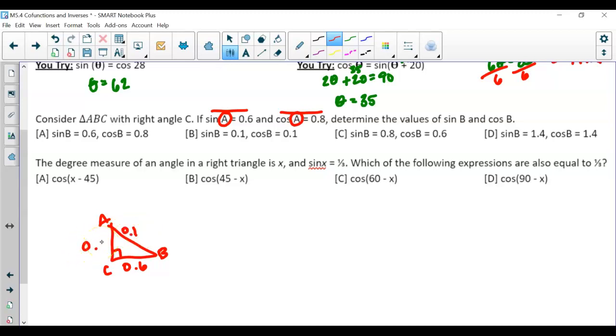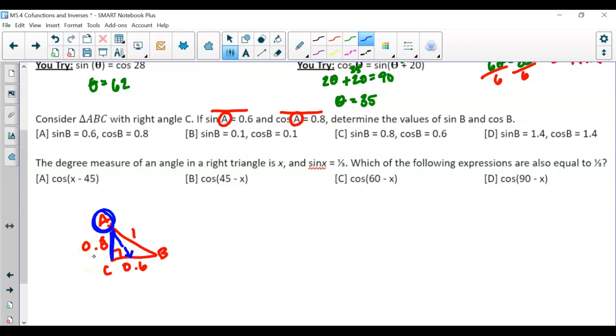Oh no, not 0.1, sorry about that. So again, notice the visual, with just A here. Sine is opposite, so 0.6. Cosine is adjacent, so that's why it's 0.8.